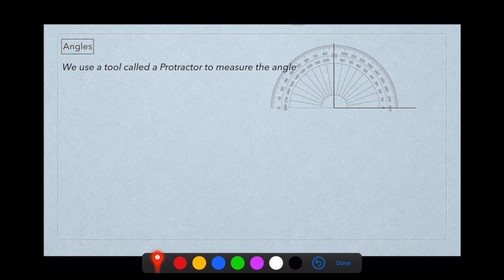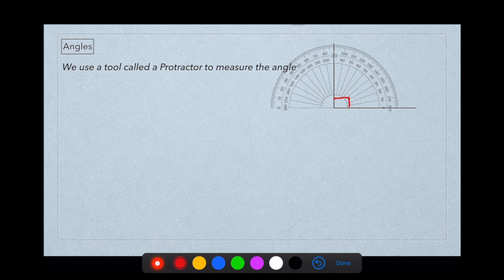So we will say right zero start, and what will end my measurement is going to be the next line. All right, I got it. Now let's read the number. What does it show? It shows 90. So my angle is exactly 90 degrees. So it is a right angle.